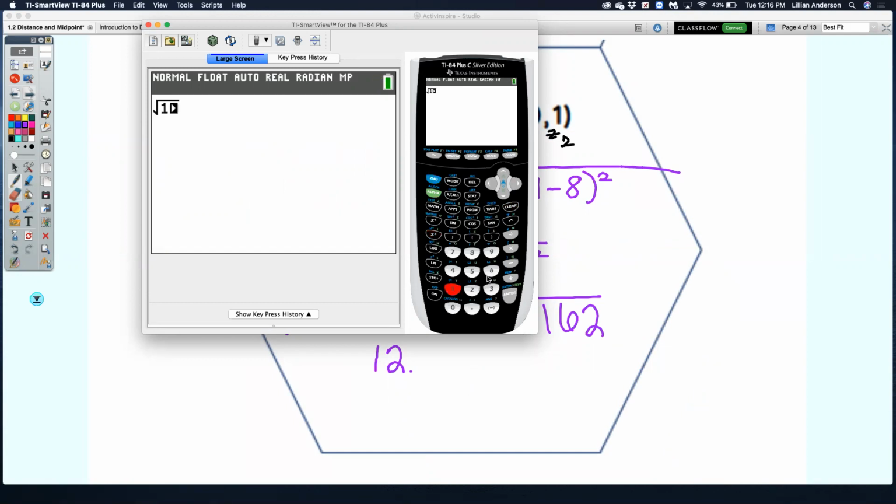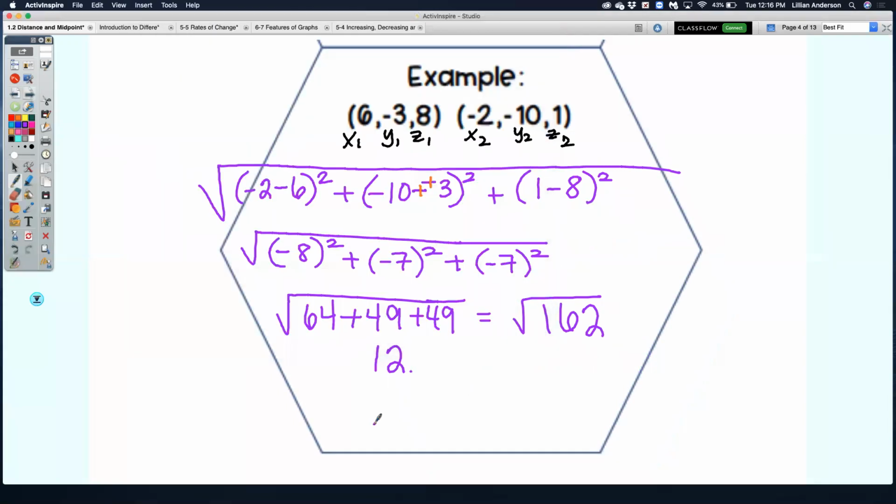Okay, the square root of 162 is 12.727. So 3 significant figures would be 12.7. Very good. So then the distance between these 2 points in space would be 12.7 units, okay? 12.7 units. That is the approximation.